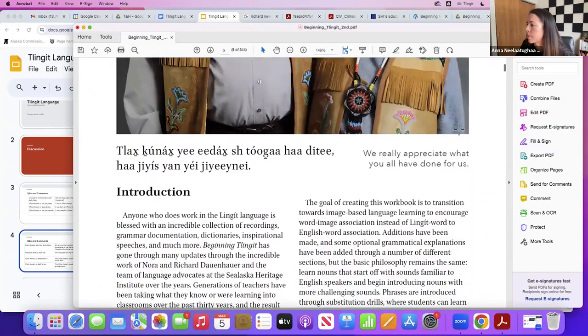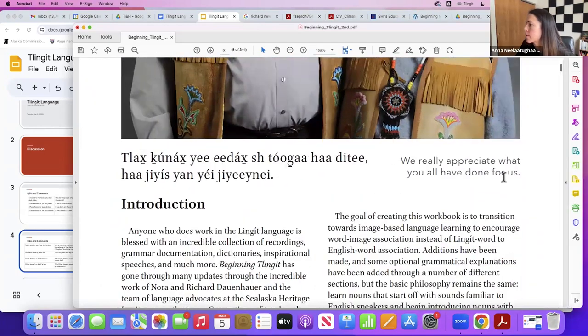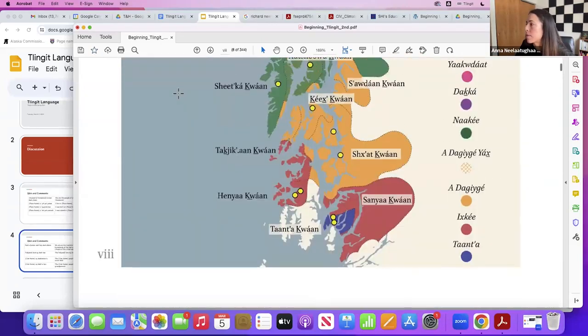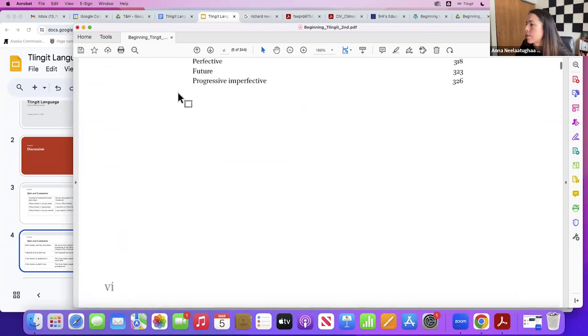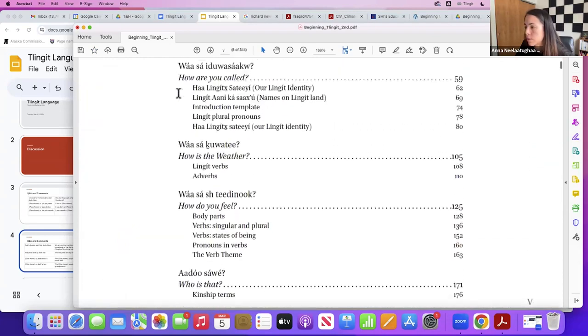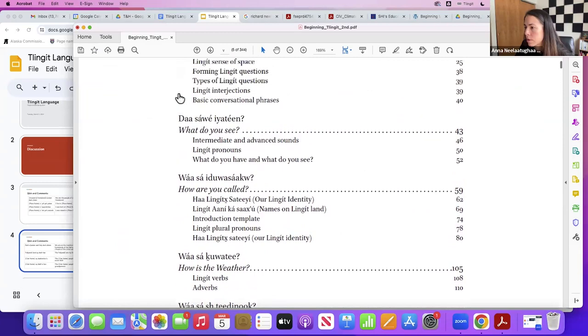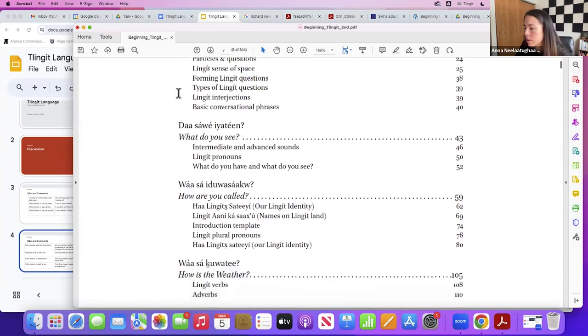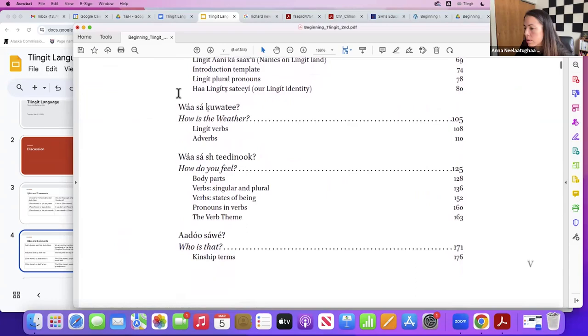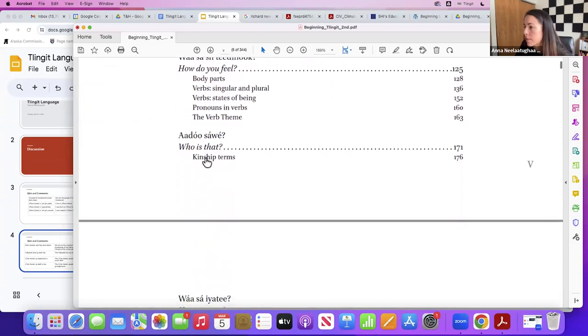What happened to my bookmarks? Let's go to the kinship term. Oh, here, 176.